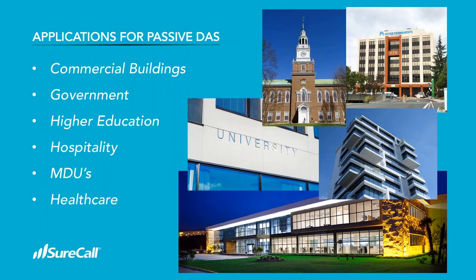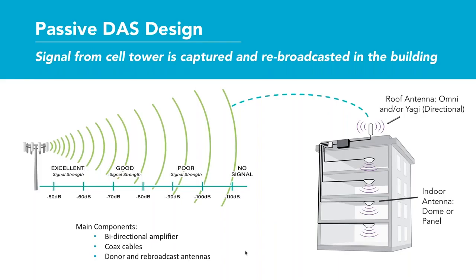So how exactly do passive systems work? They use a series of antennas, cables, and bidirectional amplifiers. There's an antenna that goes on the roof that captures the signal from the nearby macro site or cell tower, over the air, as some call it.